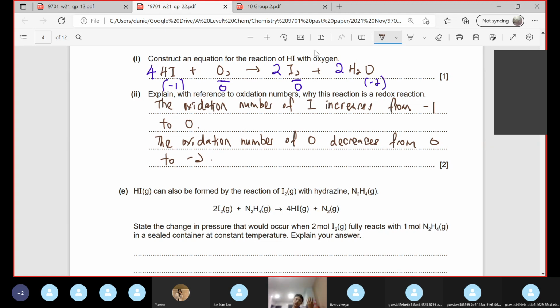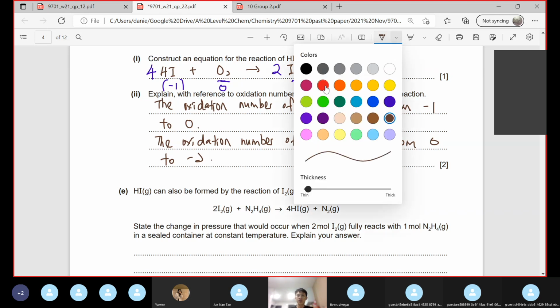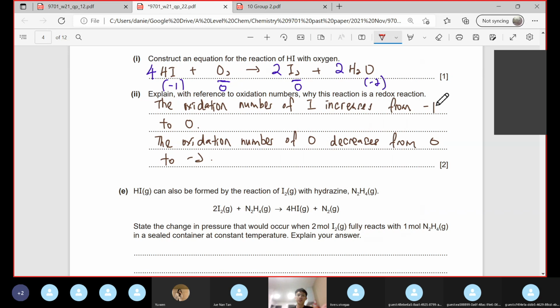Okay, from 0 to -2. So very simple 2 marks here. As long as you can state how the oxidation numbers of I and O change, then you already score 2 marks here. Okay, yeah.